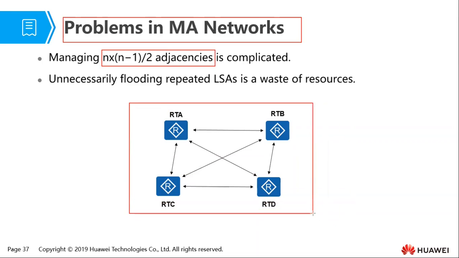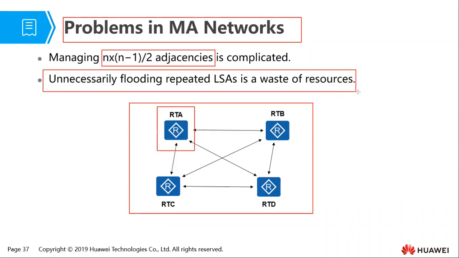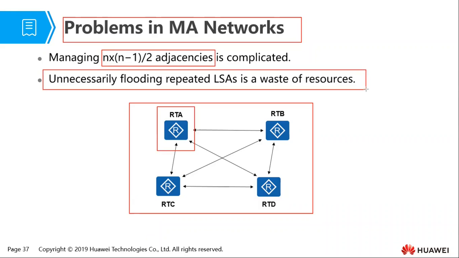Instead of letting everyone share with everyone else, we can choose that everyone shares with just RTA, then RTA shares with everyone else. That will reduce the number of exchanges. What is the problem with these multiple exchanges? Unnecessary flooding, repeated LSAs. It wastes resources.